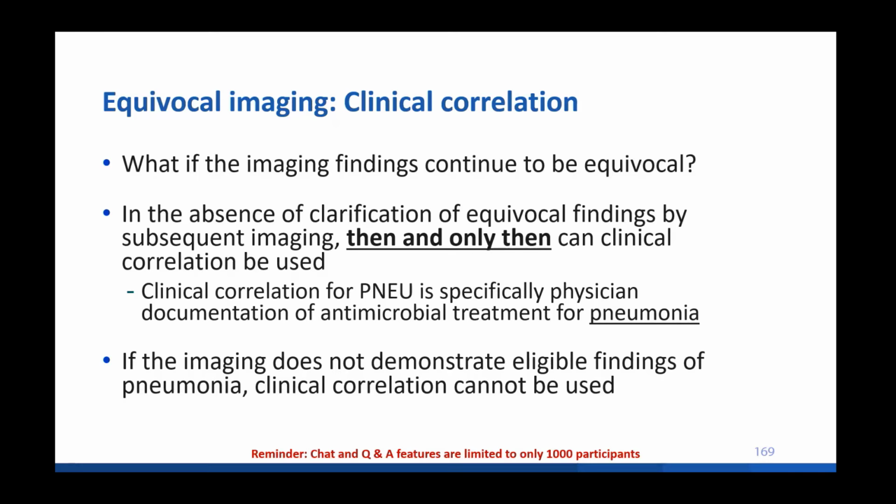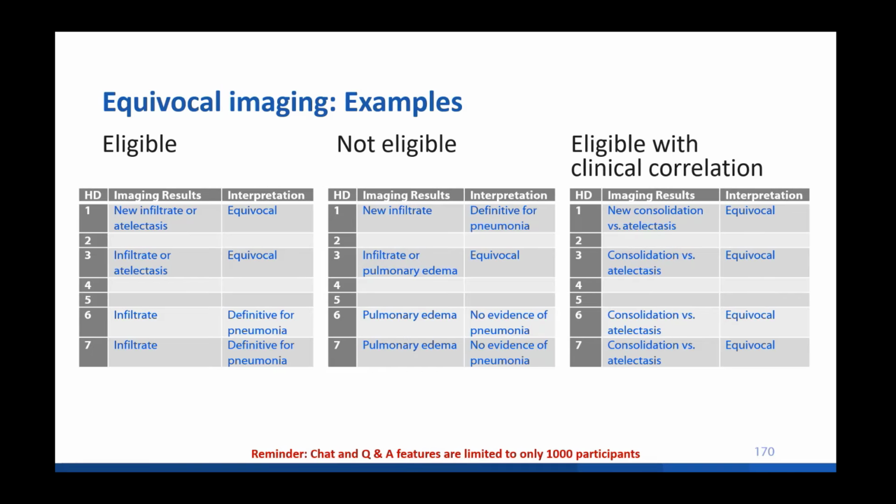And for the pneumonia definition, clinical correlation is specifically physician documentation of antimicrobial treatment for pneumonia. It is important to note that if the imaging findings are not eligible, the image requirement cannot be met even if there is clinical correlation. Clinical correlation can only be used to clarify equivocal imaging findings. And let's look at some examples.